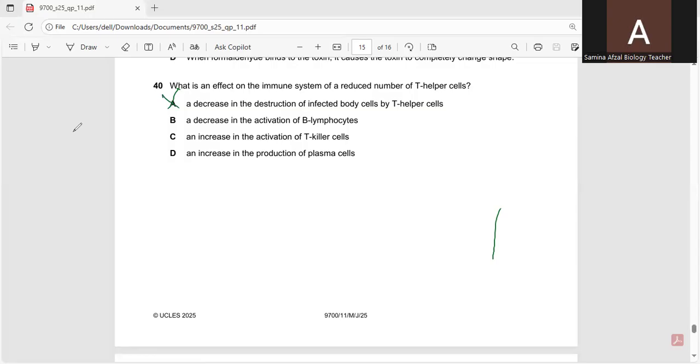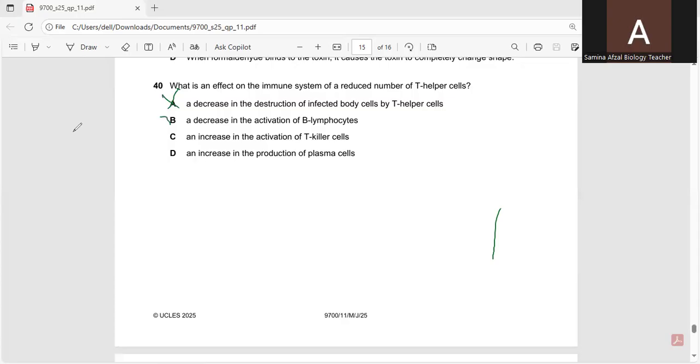Next, a decrease in the activation of B lymphocytes. When a B cell encounters its specific antigen, it engulfs it and presents it on its surface, and then T helper cells that recognize the same antigen bind to the B cell and release cytokines. These cytokines provide the necessary help to fully activate the B cell, prompting it to differentiate into plasma cells and memory B cells.